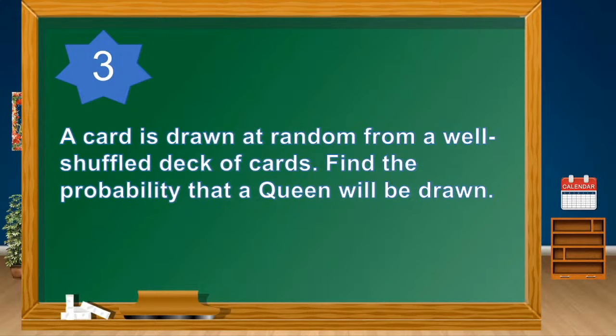Number 3. A card is drawn at random from a well-shuffled deck of cards. Find the probability that a queen will be drawn.